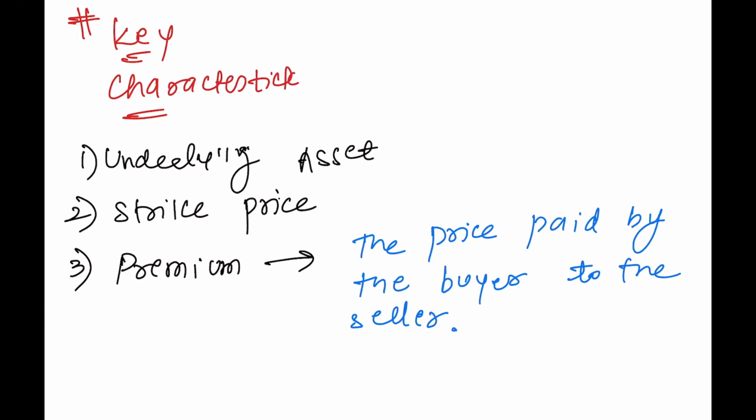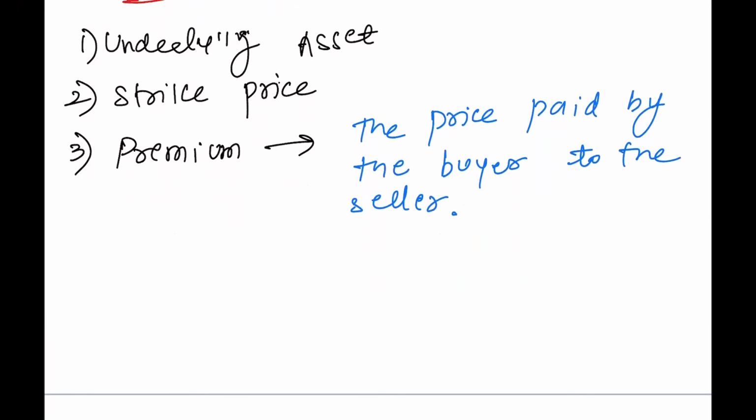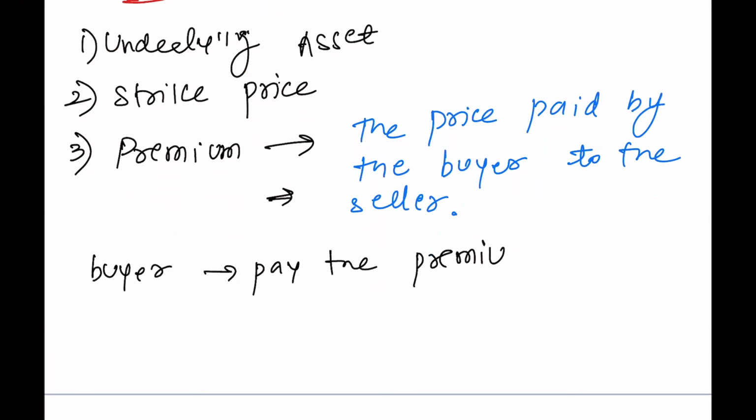This is what we call the premium, the price paid by the buyer to the seller, and this is always the case. So basically the buyer will pay the premium and the seller will receive the premium.